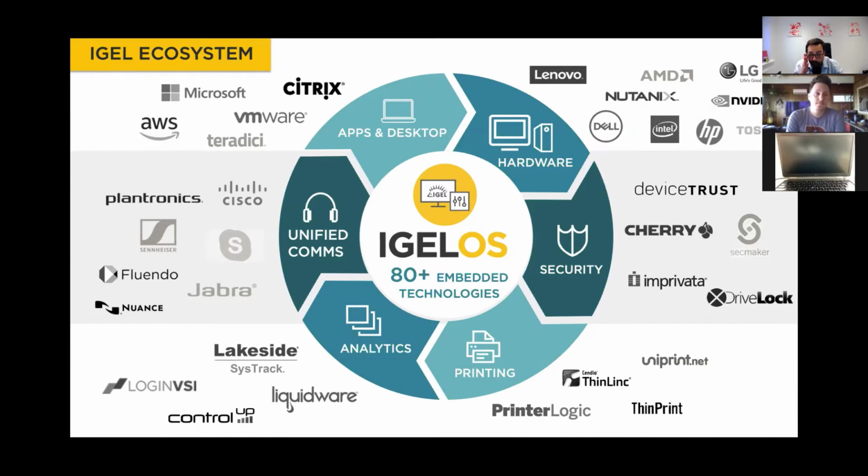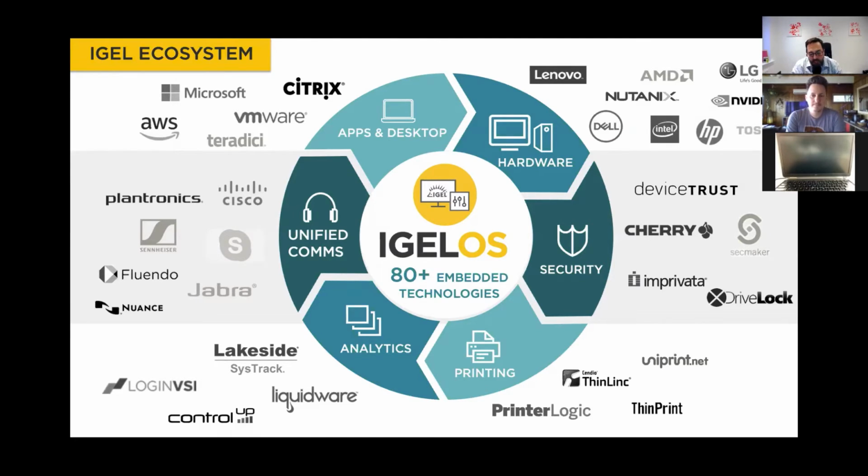for voice over IP type of calls and technology, support for various different types of headsets, analytics tools, printing tools, single sign-on tools that allow you to log in securely, things like device trust that give you contextual control over your environment, the support for Cherry keyboards that can encrypt everything you type from the keyboard all the way through to a back-end infrastructure.